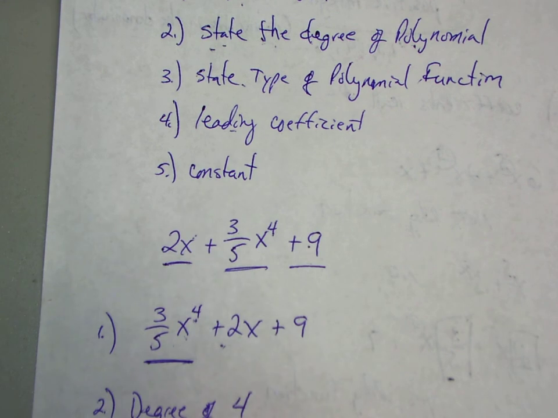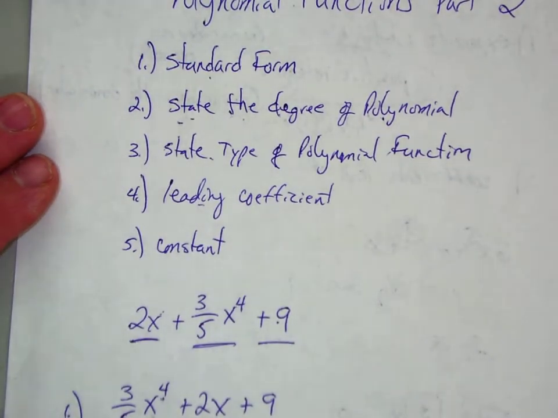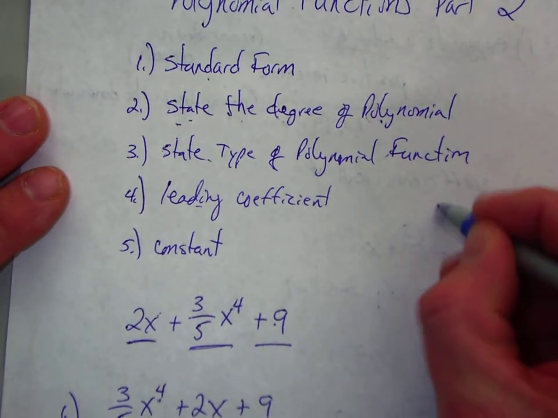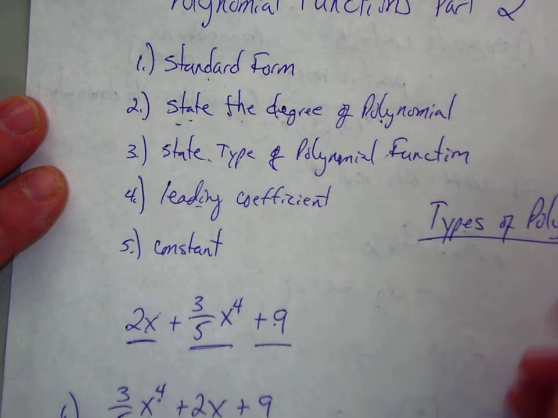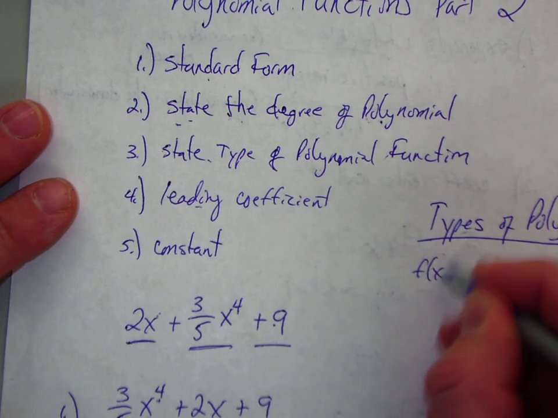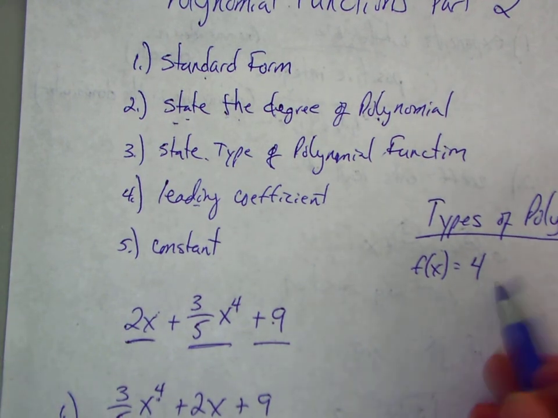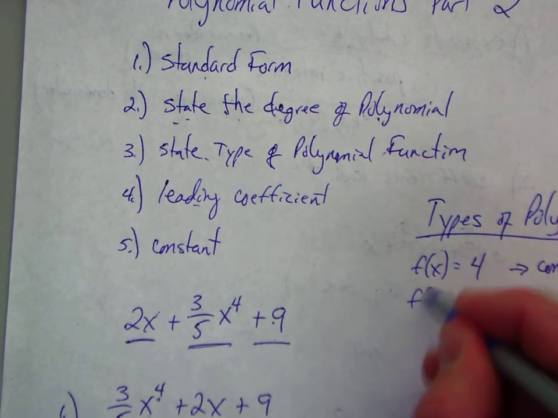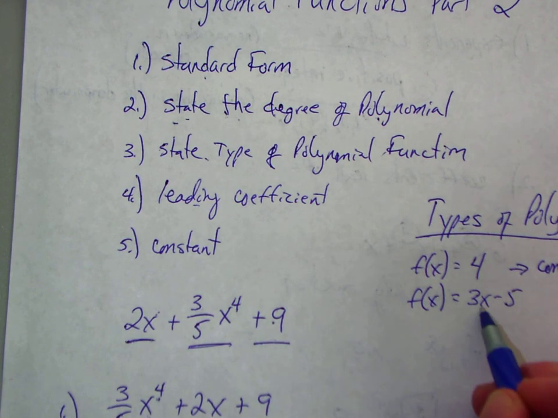The third question is state the type of polynomial function. Before we can state this, I need to give you the types. So the first one is if you have f of x equals, let's say 4. In other words, there's no variable. So this is called a constant function. If I have like 3x minus 5, I have a variable, but the exponent is 1.